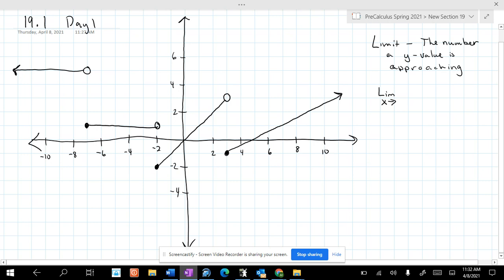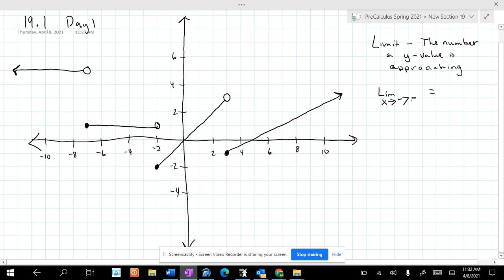All right, so we're going to look at the limit as x approaches -7 from the left. Now, there's two negatives involved here. The negative in front of the number is the normal. It's talking about -7.